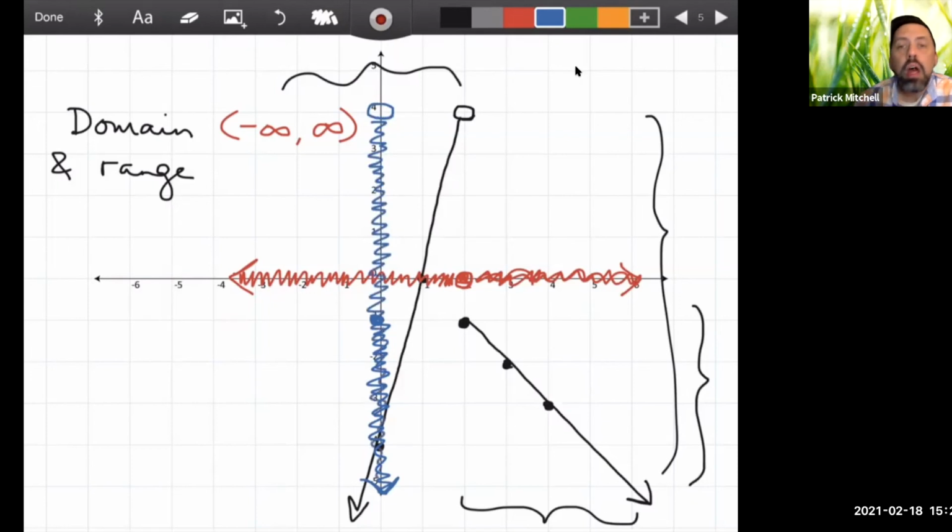So not all real numbers are in the range of this function, only real numbers that are less than 4. One way to say the range of this function is y less than 4. They are going to ask you to write that using interval notation, and the way you write that is -infinity, comma 4 with a parenthesis next to the 4 because the 4 is not included.